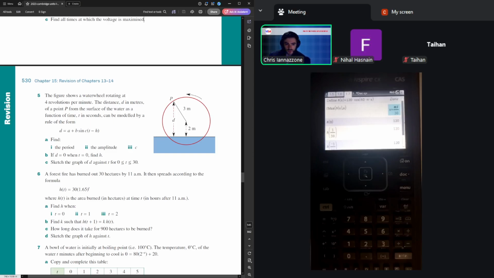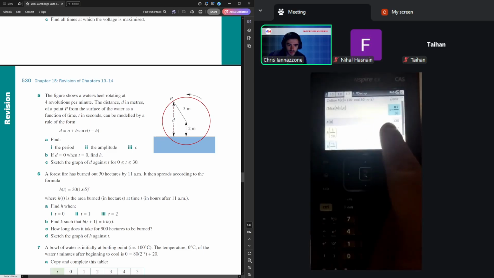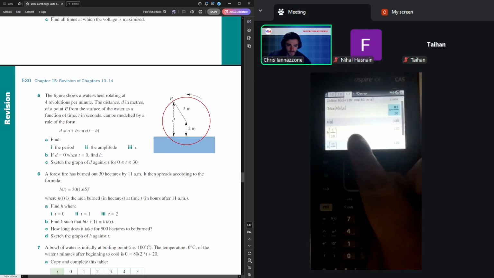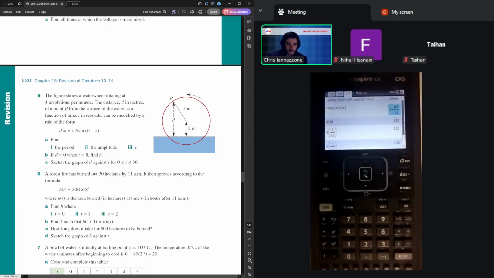So the first revolution would be n equals 0, which is why I've done h of 0, getting your first maximum. Then choosing positive 1 and negative 1 would be the next revolution forward or the next revolution backwards. So I was just validating that the solution that was given was actually valid.